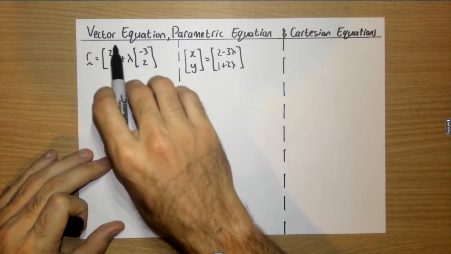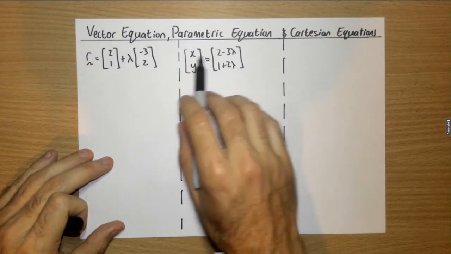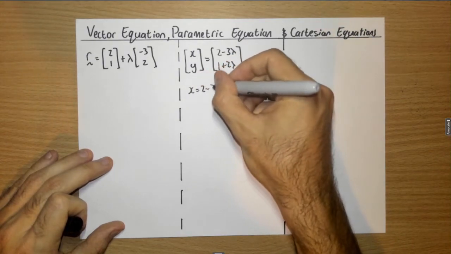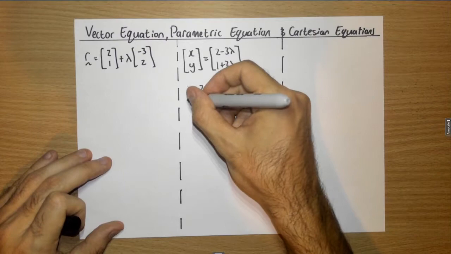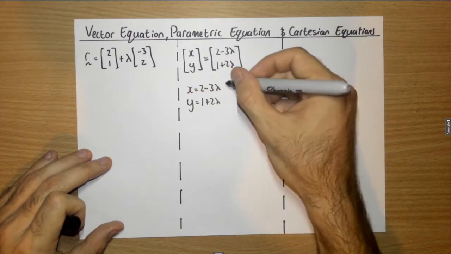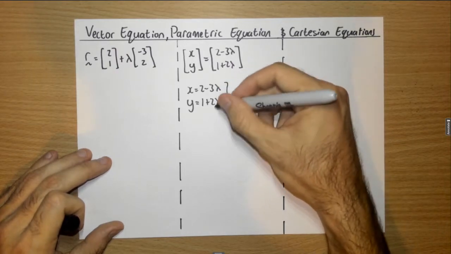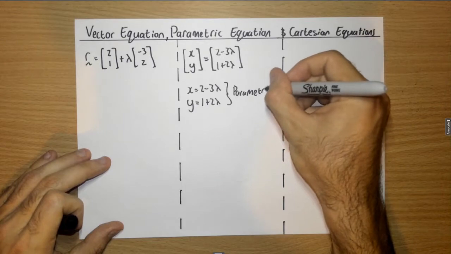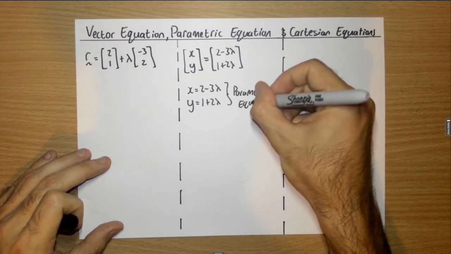The next step is the easiest one. To go from the vector to the parametric, I just need x equals 2 take 3 lambda and y equals 1 plus 2 lambda. These equations here are called the parametric equations.